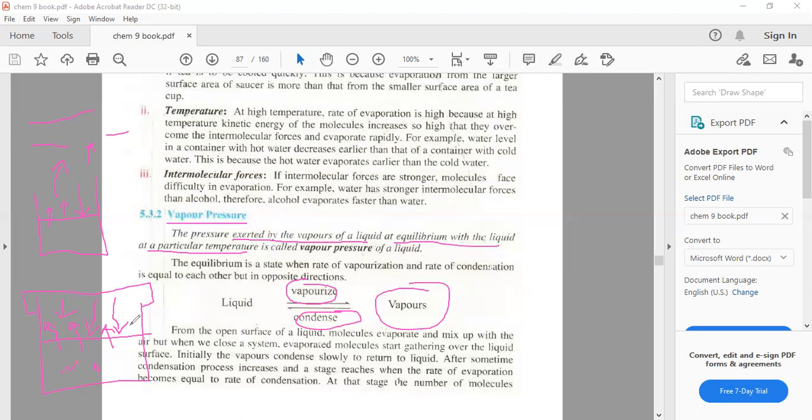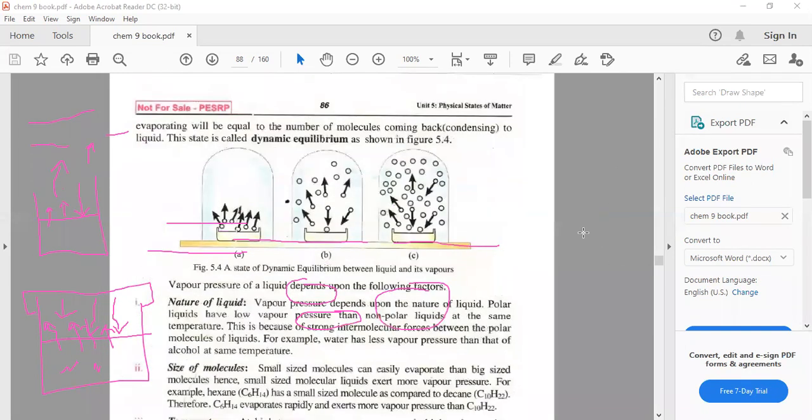So when the number of molecules of liquid that evaporate, converting into vapors, is equal to the number of molecules that are coming back, that are condensing, when these two rates are the same, then the state is dynamic equilibrium, and we say this is the vapor pressure of that liquid.